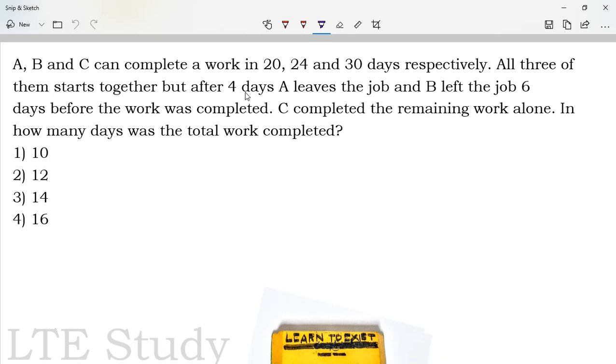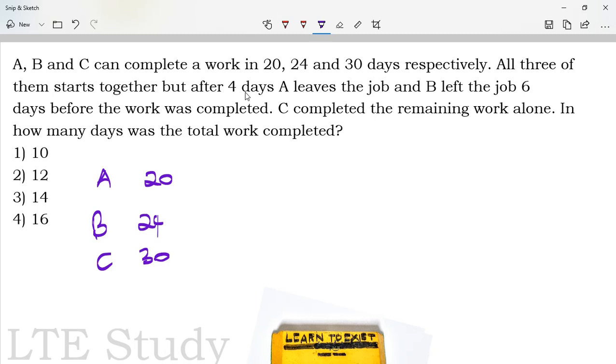This is a question from time and work. We have A, B and C, and the times taken to do the work are given as 20, 24 and 30. How do we approach this kind of question? We'll assume a number as the total work, and that number will be the LCM of these three numbers.